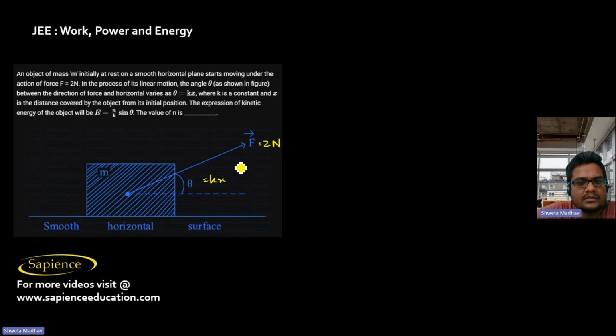So it is moving under the action of this force on a smooth horizontal surface. As we know, change in kinetic energy is equal to work done by all forces.